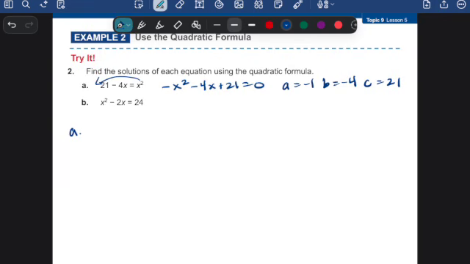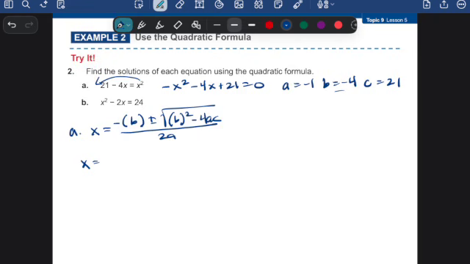Watch your signs. Okay, so I'm going to write my quadratic formula. X equals opposite B, opposite whatever B is, plus or minus the square root of B squared, whatever B is, I'm putting in parentheses, minus 4AC, all over 2a. So now I'm going to substitute. X equals the opposite of b.